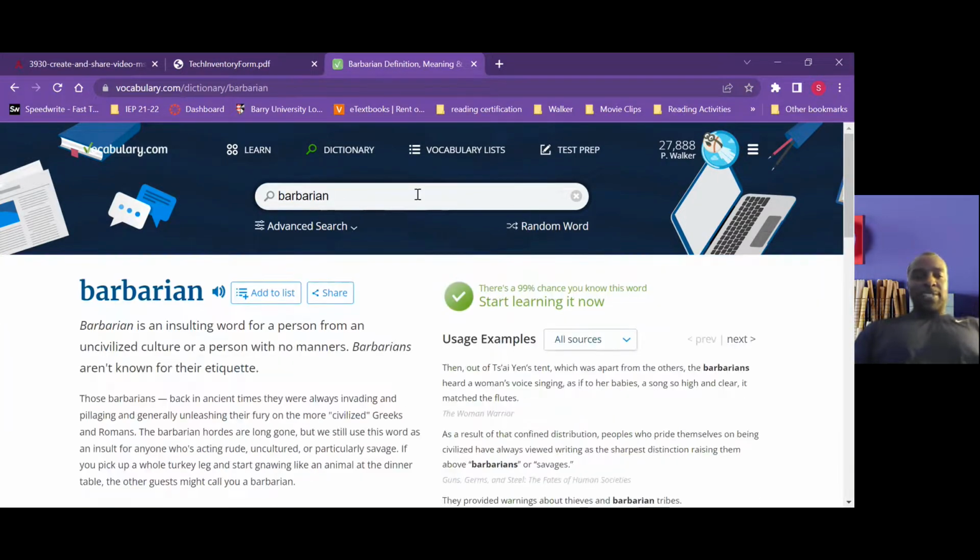Okay, got it. So it tells you what a barbarian is, an insulting word for a person from an uncivilized culture or a person who has no manners. Basically, when we read Beowulf at the beginning of the class, we talk about how they had a barbaric society, very warlike.